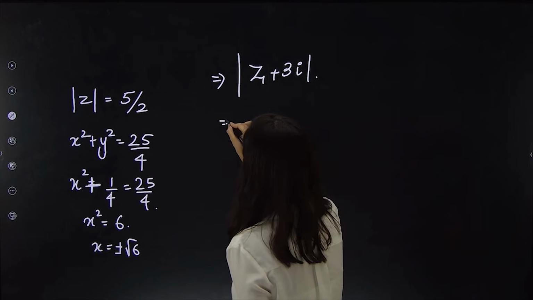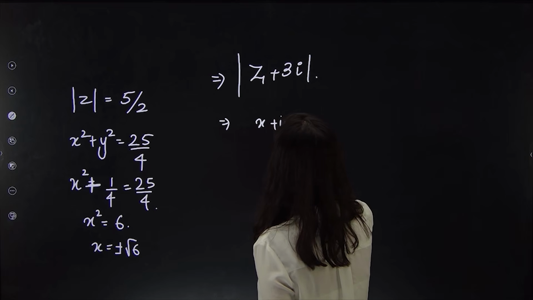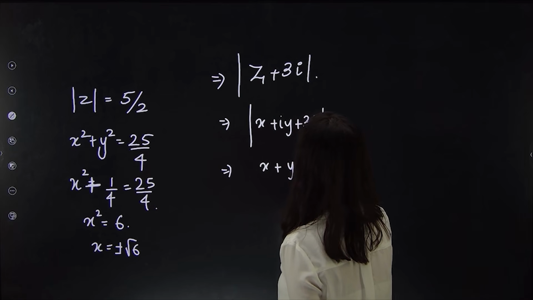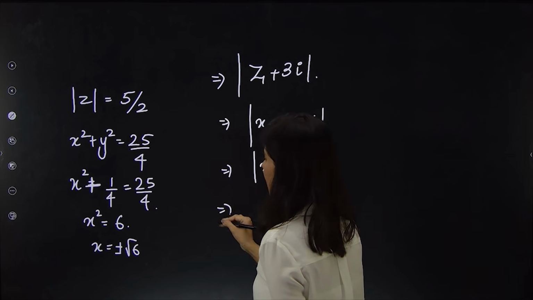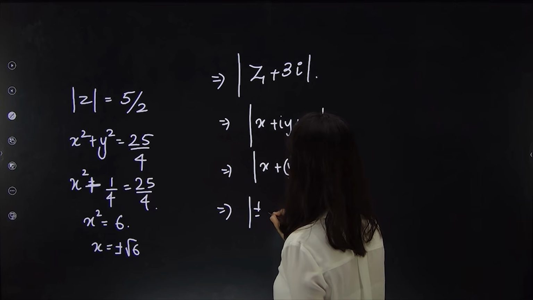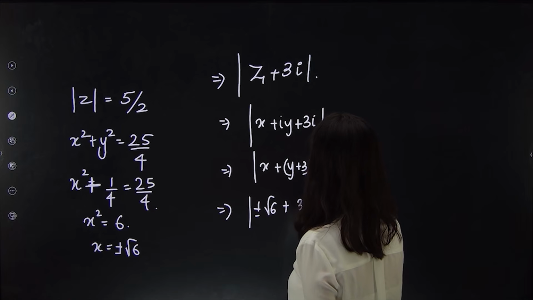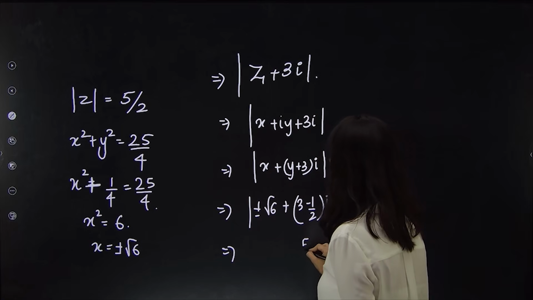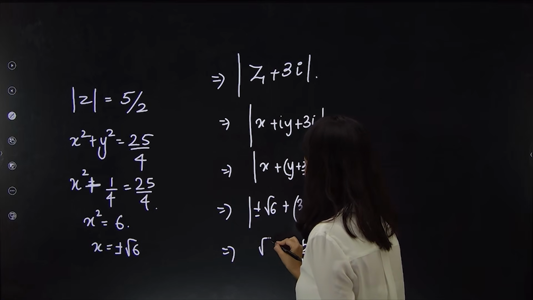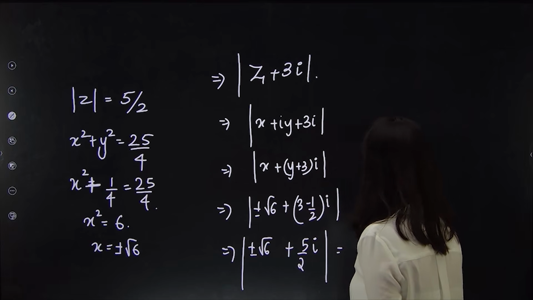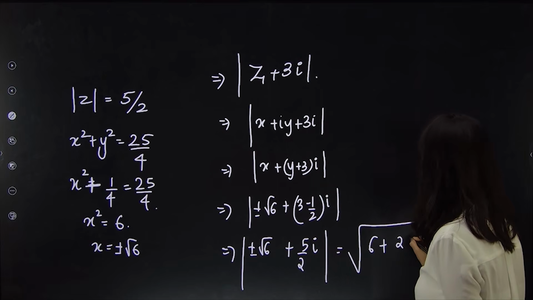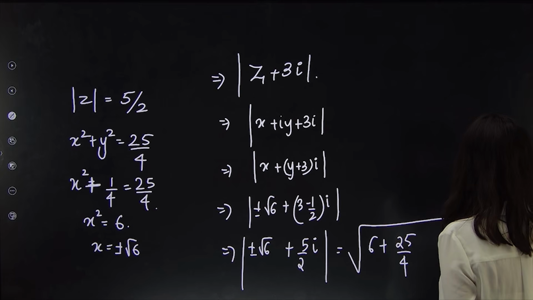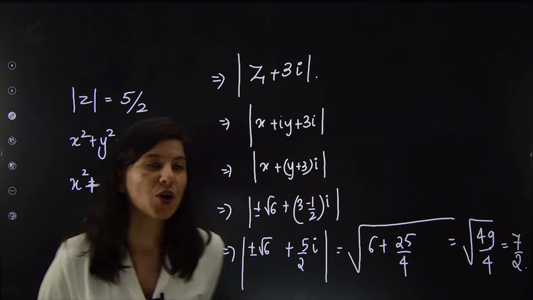First, this is the modulus of (x plus iy plus 3i). Here x is plus minus root 6, plus i times (y plus 3), that is 3 minus 1 by 2, so 5 by 2 i. So the mod will be equal to the square root of (root 6 squared, that is 6, plus 25 by 4). 6 fours are 24, so this is root of 49 by 4. 7 by 2 is the final answer of this question.